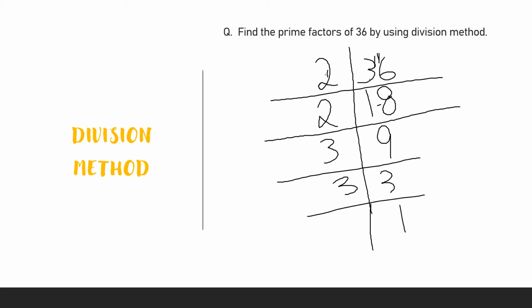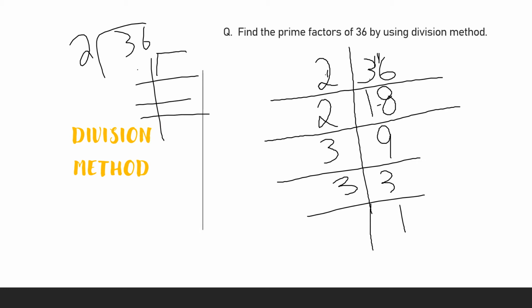In division we do it like this, but here we do it like this. We write the number which we have to split into prime factors here, and then according to that number we write numbers here and the answer here, again number and answer, again number and answer. So this is how we do the division method.